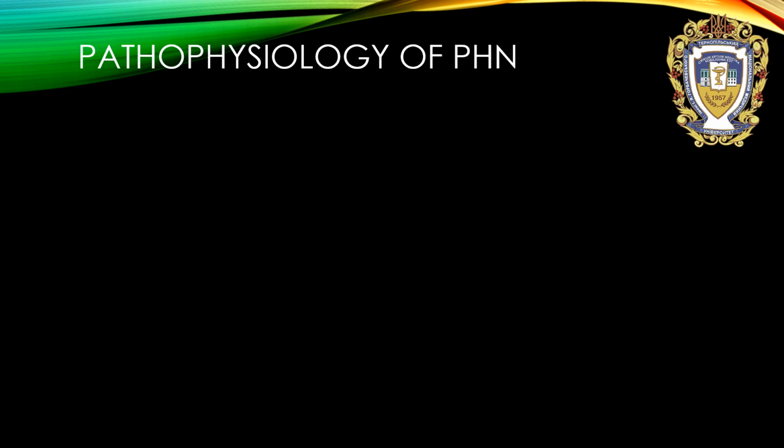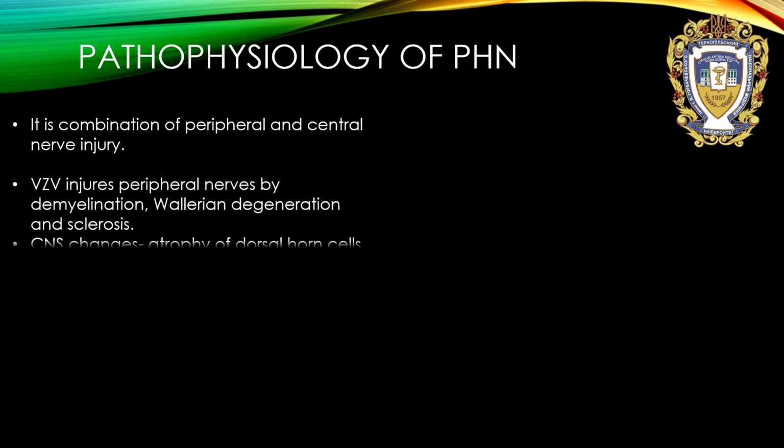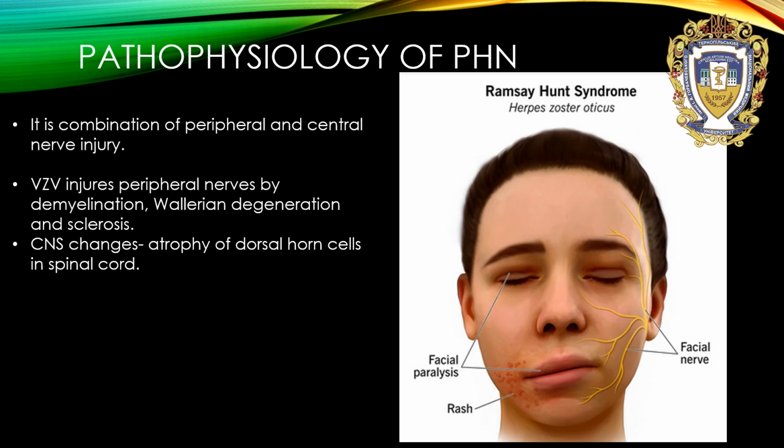And now I would like to shortly talk to you about the pathophysiology of postherpetic neuralgia. It is a combination of peripheral and central nerve injury. Virus zoster injures peripheral nerves by demyelination, Wallerian degeneration and sclerosis.